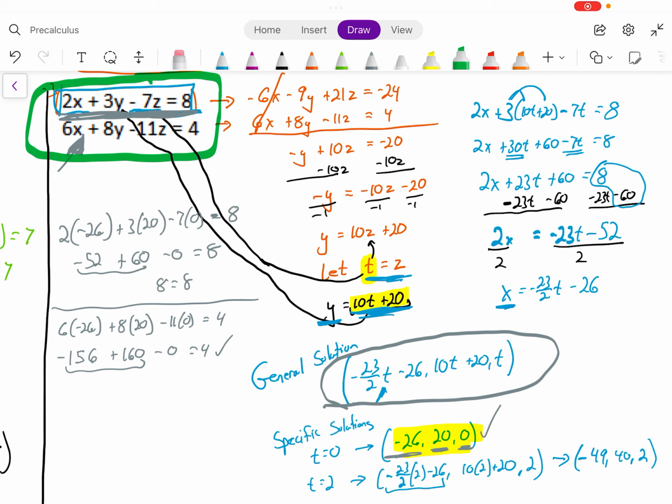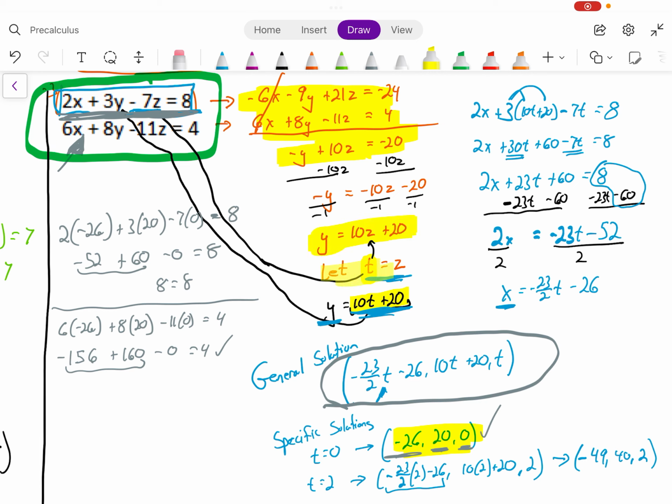That was new. We solved 2 equations with 3 variables. Again, the steps were we eliminated one of the variables. So we eliminated x. Once we eliminated x, we solved for one of the variables, we solved for y.